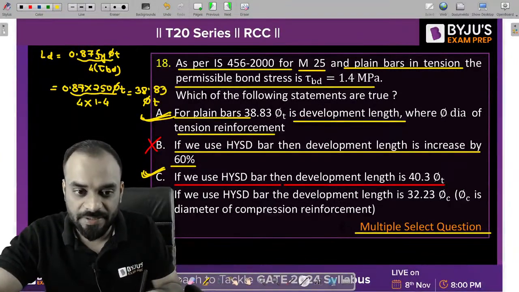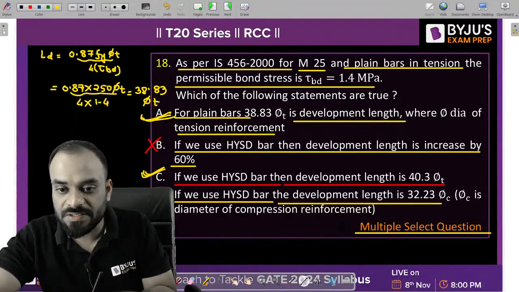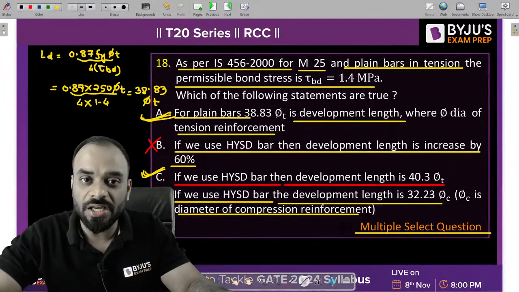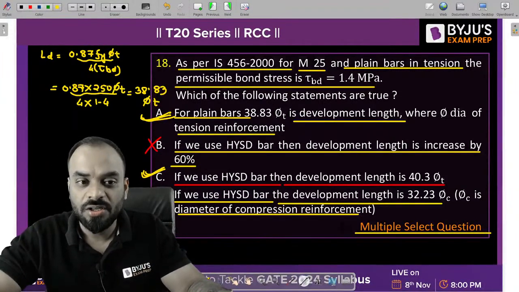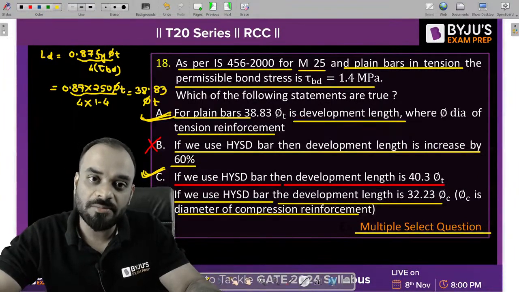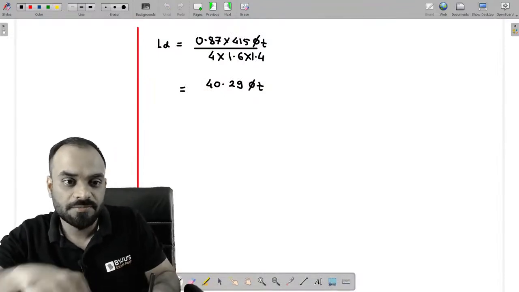Last statement basically: if we use HYSD bar, then development length is equal to this, where phi c is the dia of compression reinforcement. That means if you are using compression reinforcement, again the value of tau BD permissible will be increased by 25%. So let's calculate it, guys.